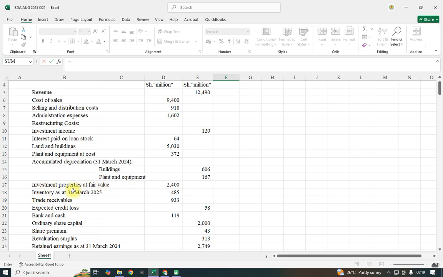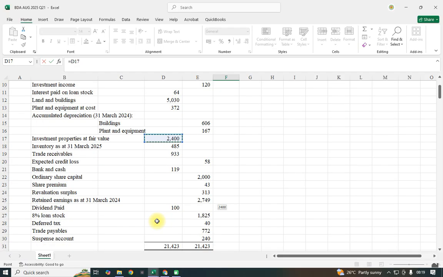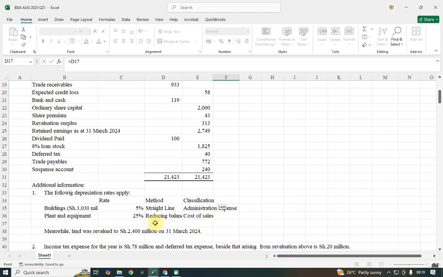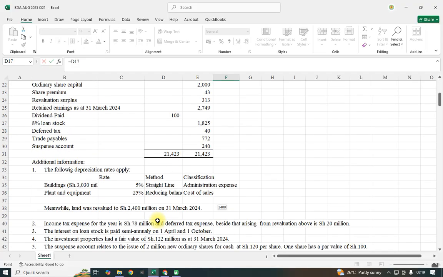If here the investment property at fair value was 24, but here the investment property had a fair value of 122 million, remember, all of them are in million, as at that first March. So 122. So the difference will be the gain then.